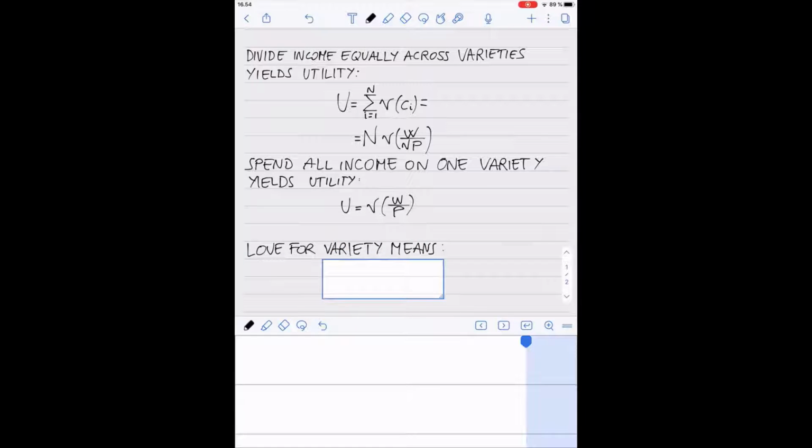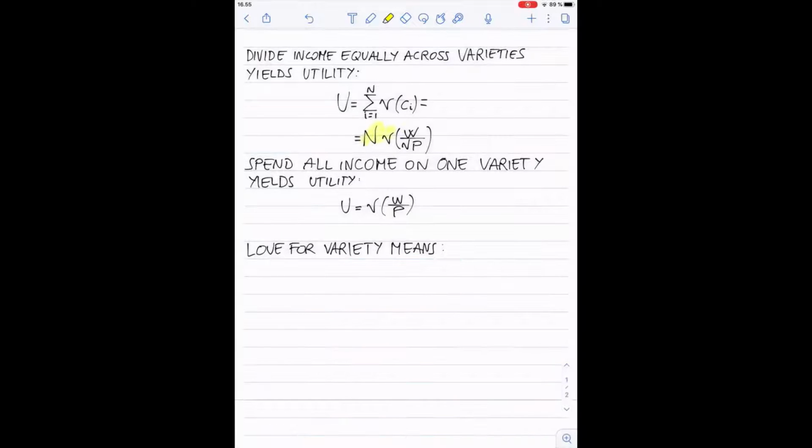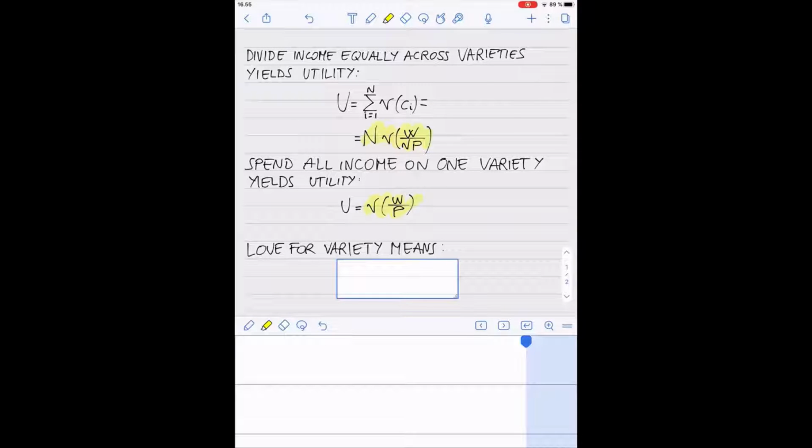the utility you get from consuming all the varieties and spreading your income across them, which is this part here, is larger than spending all of your income on one variety only. So let's write it out.